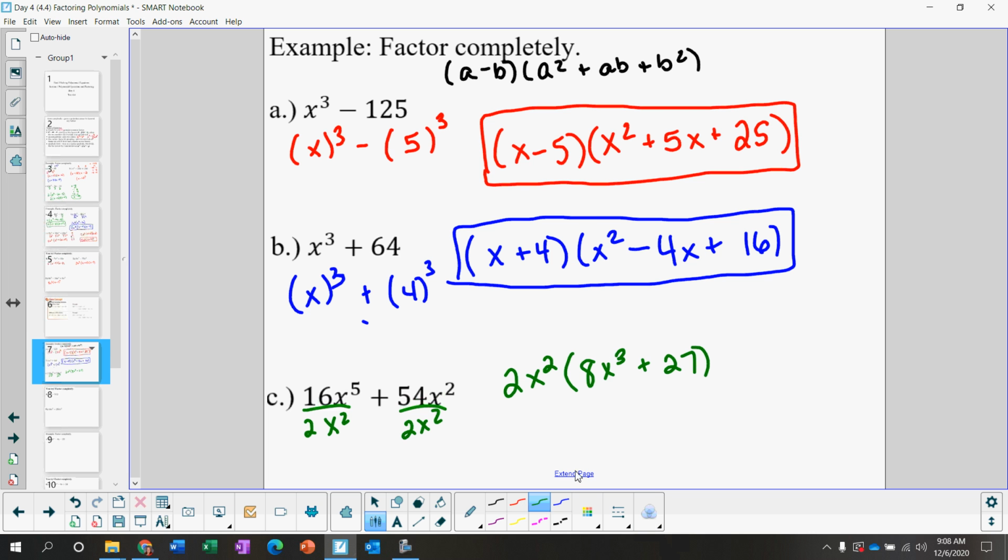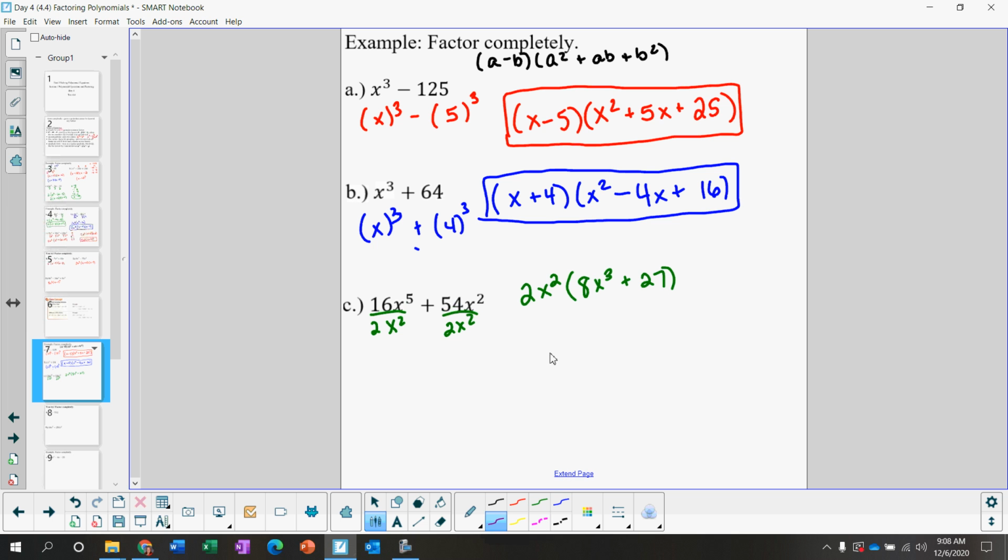So this term is really 2x that's being cubed, and this term is really 3 that's being cubed. So I'm going to bring down my GCF, and now I have the plus pattern, 2x plus 3, 2x squared, so 2 times 2 is 4, x times x is x squared, minus 2x times 3, so minus 6x, plus 3 times 3, or 9.